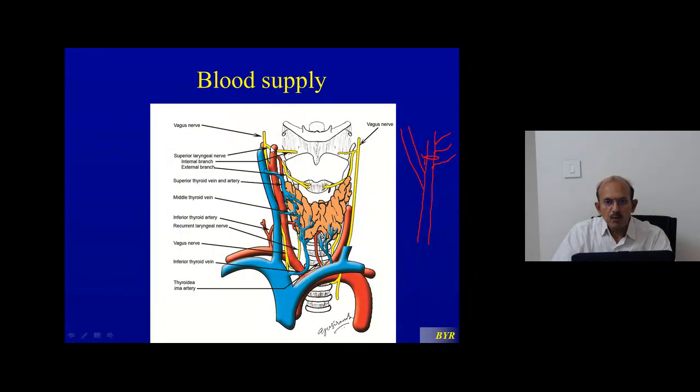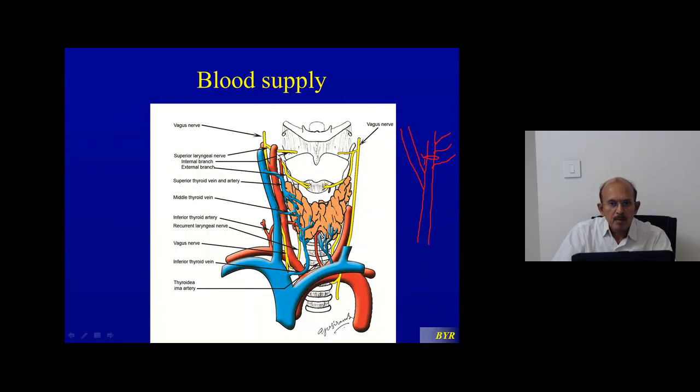The superior laryngeal nerve divides into the internal laryngeal nerve, which pierces the thyrohyoid membrane. It is totally sensory to the upper part of the larynx and the posterior wall of the upper pharynx. The other branch is called the external laryngeal nerve. It accompanies the superior thyroid artery.